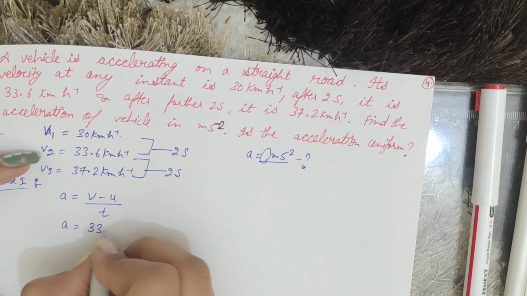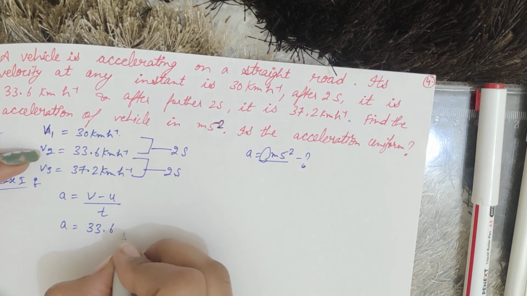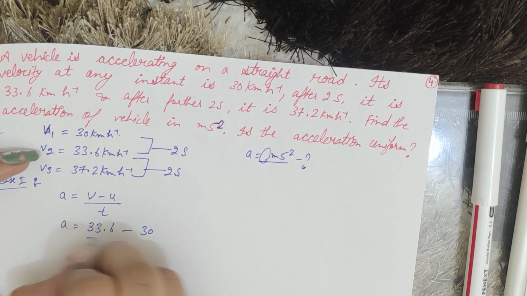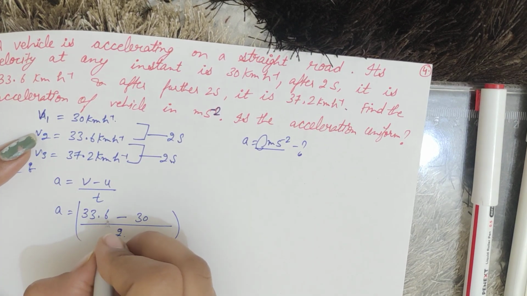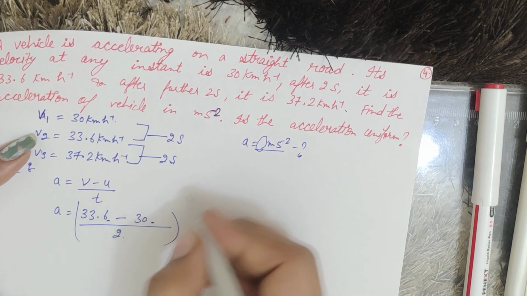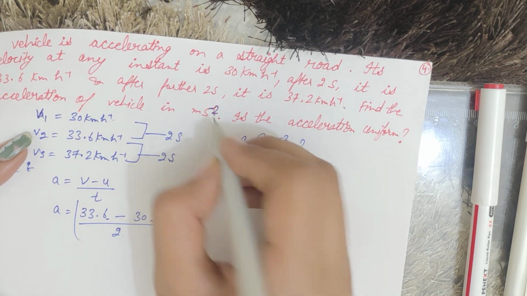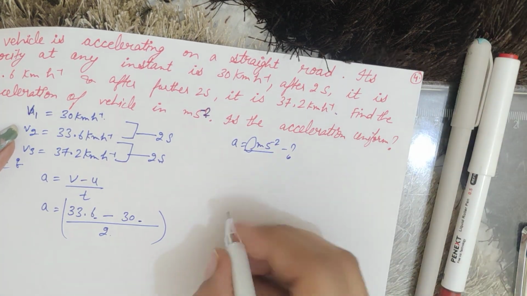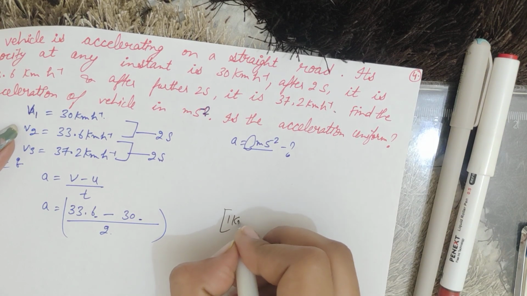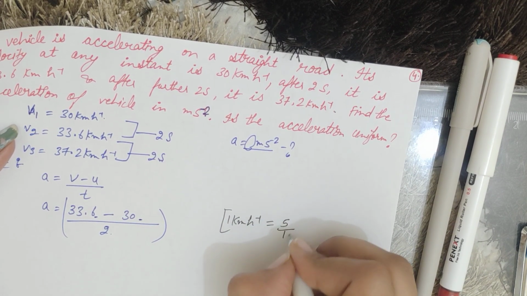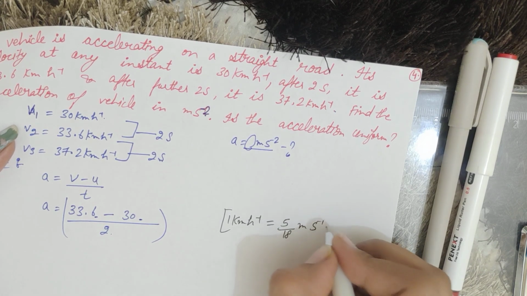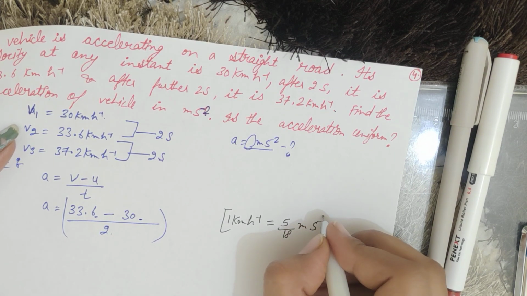So this is 33.6 km per hour minus 30 km per hour, divided by 2 seconds, because the time is 2 seconds. Because these two are in kilometer per hour and we need the answer in meter per second square, what is the conversion for it? We know that 1 kilometer per hour is equal to 5 by 18 meter per second.